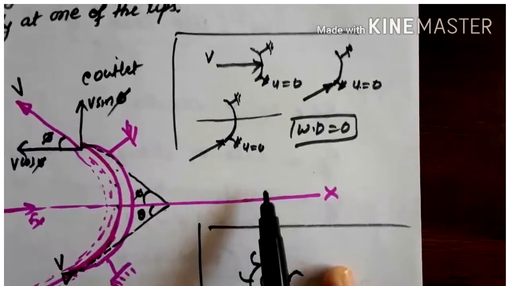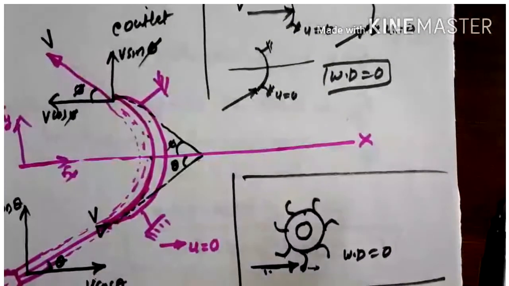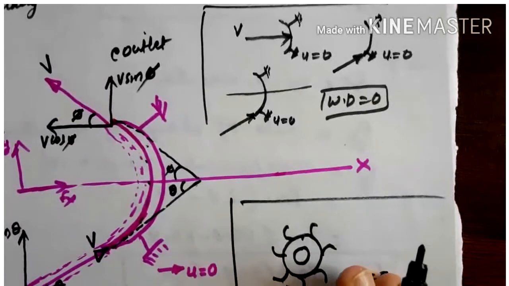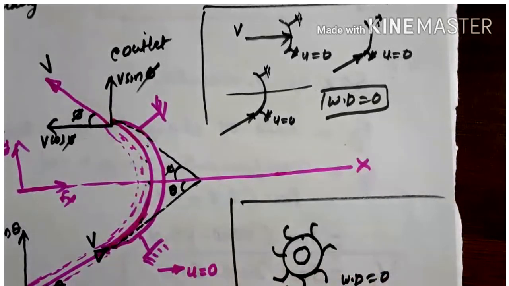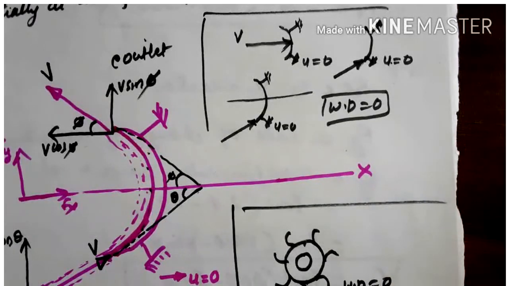Hence the next cases we have to take are when the jet is striking and the vane is also moving, that is the moving cases. So in the next lecture I'll be taking the jet striking the moving vanes.